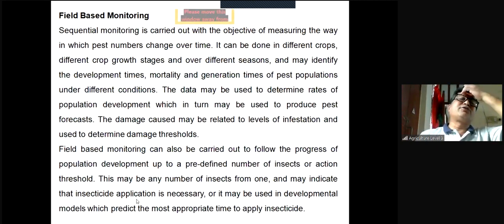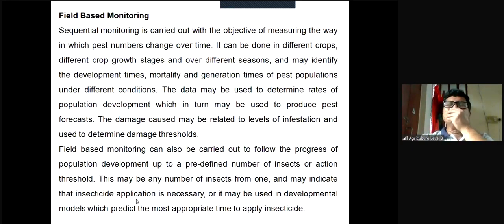Field-based sequential monitoring is carried out with the objective of measuring the way in which pest numbers change over time. Say, for example, from January to May, these five months for the boro rice field, we want to know a particular pest species. By field-based monitoring, we can easily know the changes of the particular insect species over this time.